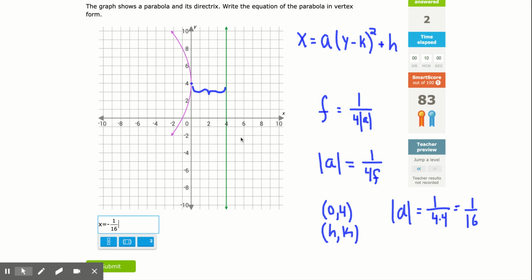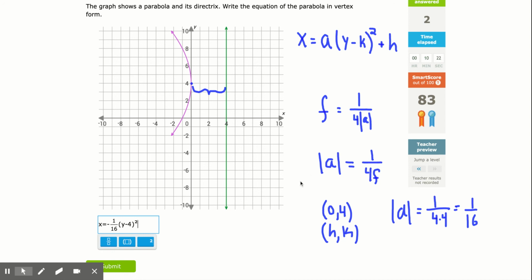Now I'm going to do my parentheses: y minus the k value. What's the k value? It's 4. So I'm going to put a 4 there, and then I square it.